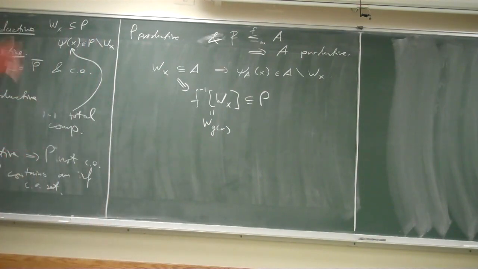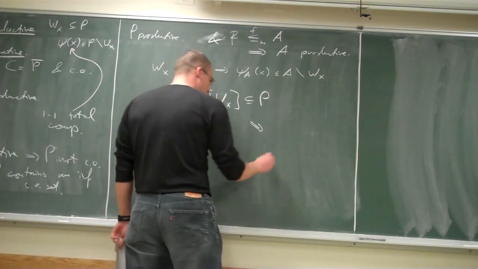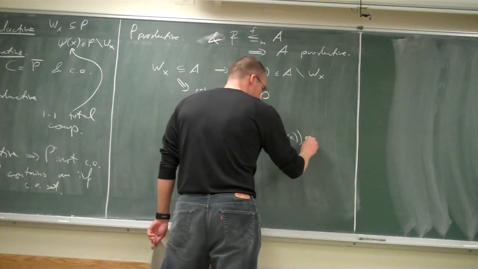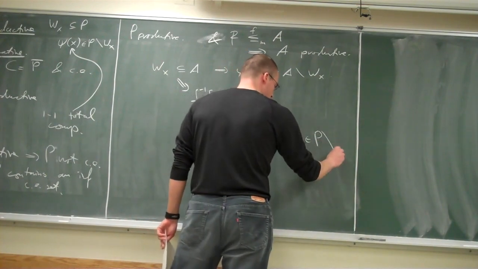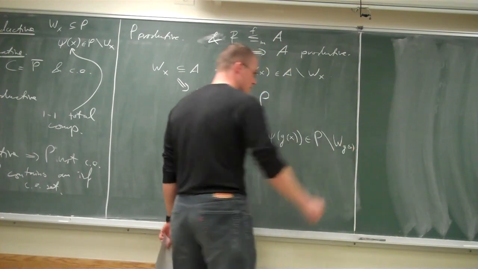If I have a computably enumerable set and I have an inverse like this, then I obtain the CE set, and I can effectively find this index for the CE set. But this now is nice, because then we know that psi of g of x is in P minus Wg of x.